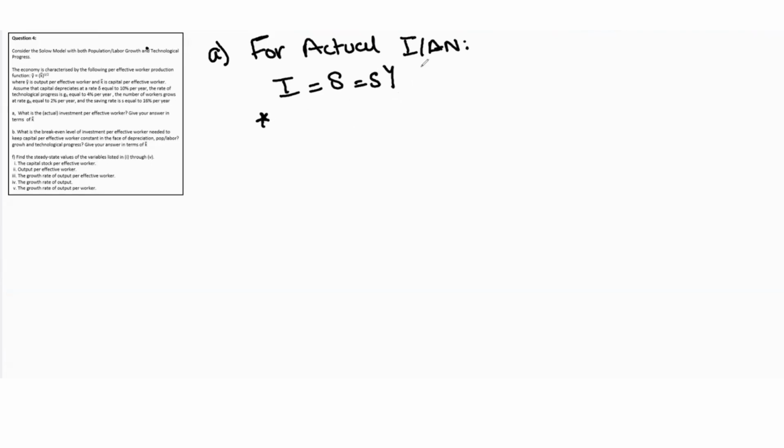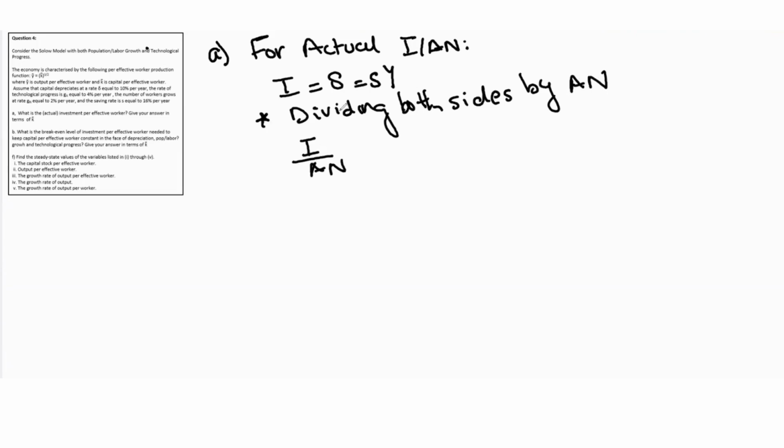Because we're interested in investment per effective worker, we write I is equal to S, which is equal to small s times Y, based on the assumptions made in the Solow model. To get it in per effective worker terms, we divide both sides by AN. So I by AN is equal to s times Y by AN.